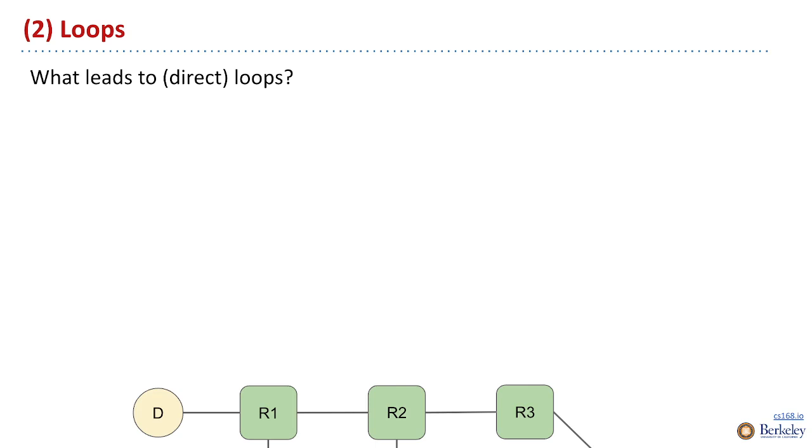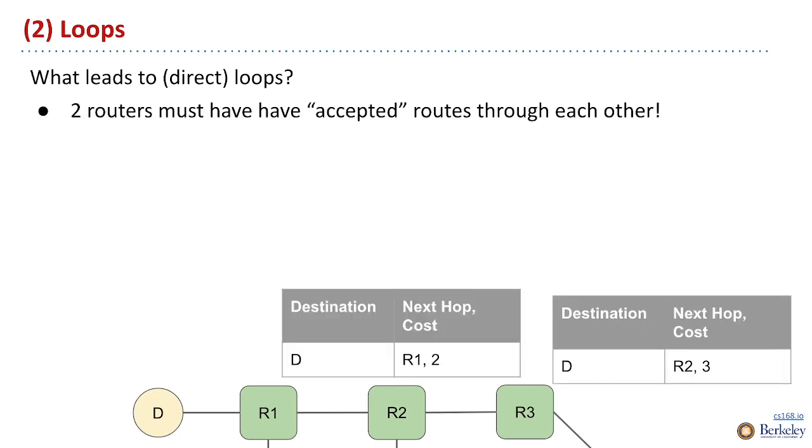All very true. I was looking for something even more broad. A direct loop means that I think that I should give my packet to you, and you think that you should give your packet to me. So we have forwarding tables that point at each other. That's very unfortunate. And so how do we actually get into this scenario?